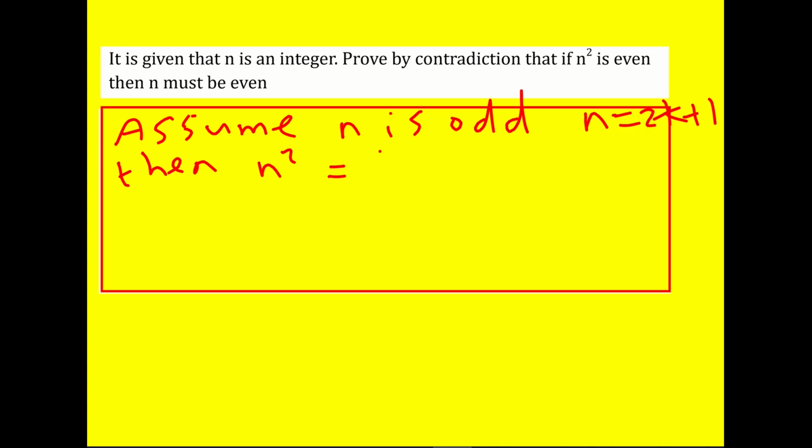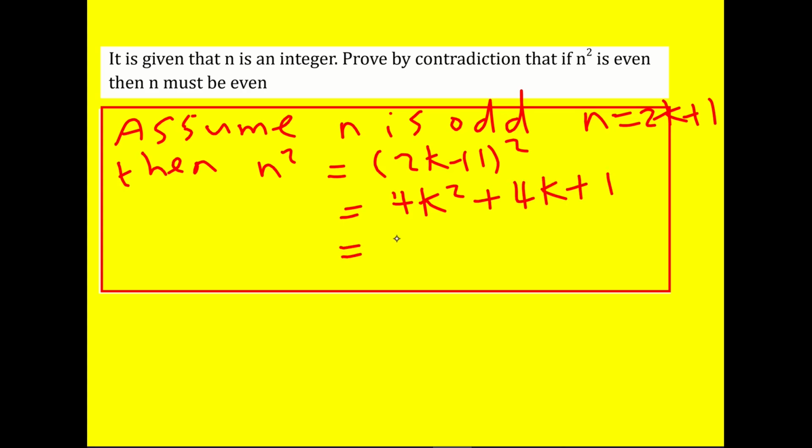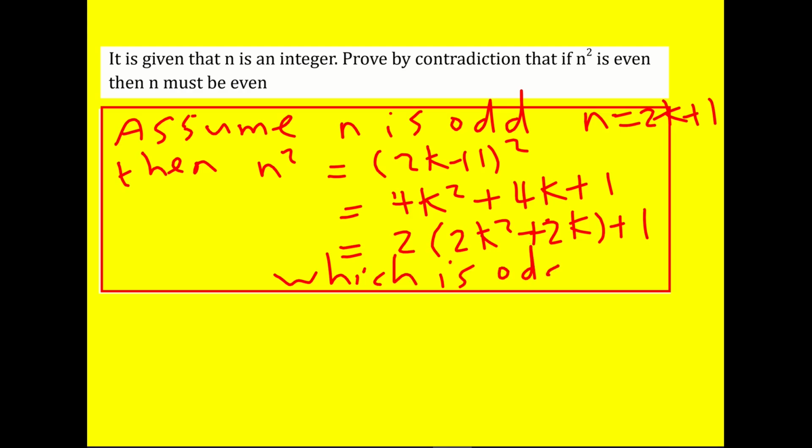Then n squared will equal (2k plus 1) squared, which will be 4k squared plus 4k plus 1, which is actually 2 lots of (2k squared plus 2k) plus 1, which is odd. Okay, because it's again in the form 2p plus 1.